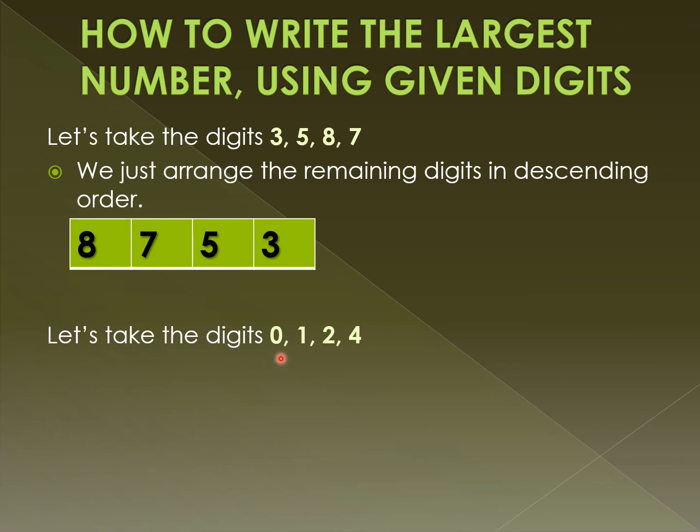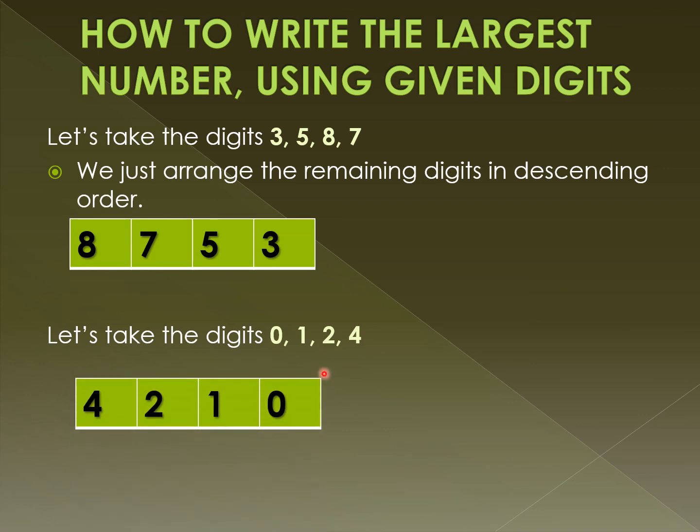Here we have 0. It does not make any difference. We simply arrange the numbers in descending order from the greatest to the smallest. So the greatest number here is 4, followed by 2, followed by 1, and finally 0.